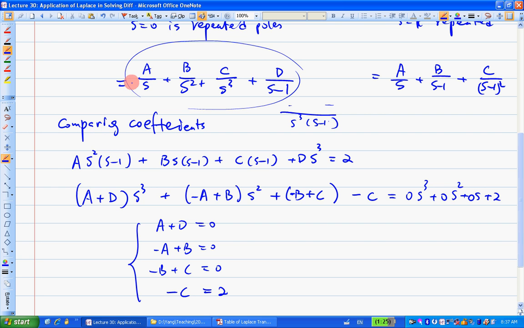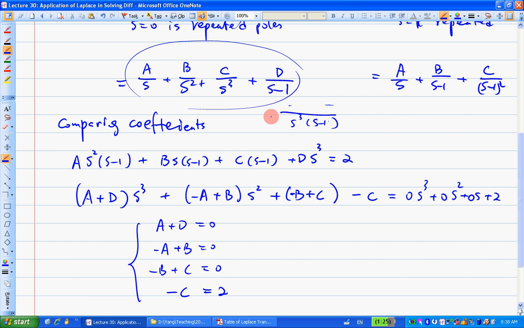Now, first of all, is it okay when I put this thing back into one whole fraction here? The denominator is s cubed multiplied by (s minus 1), because the s cubed is basically the parent of s and s squared. You don't need to multiply another s or s squared anymore, right?